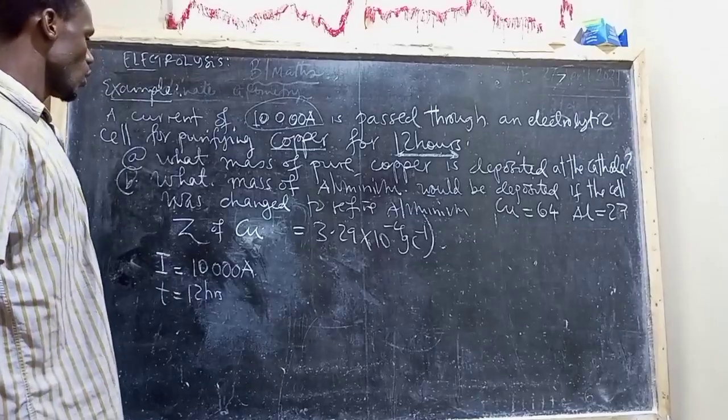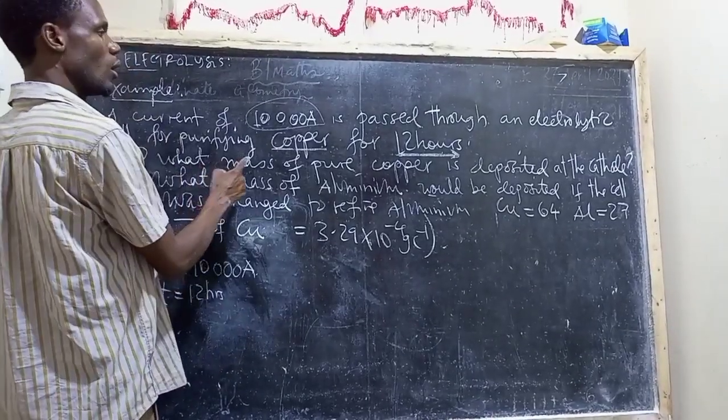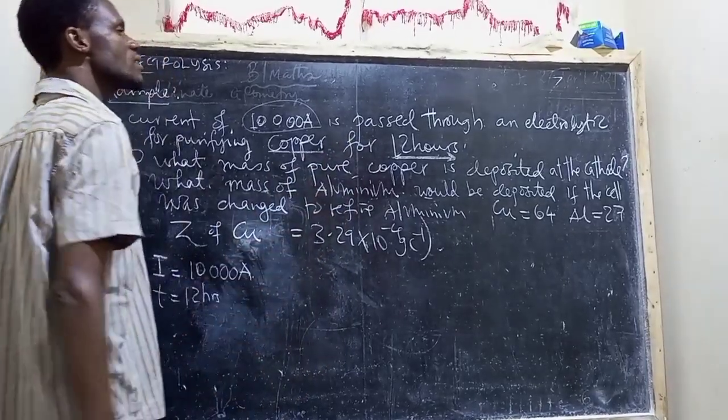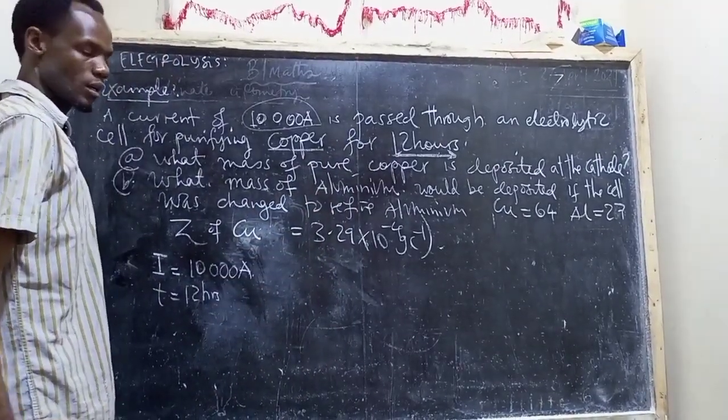Then the question: what is the mass of the pure copper that is deposited at the cathode?